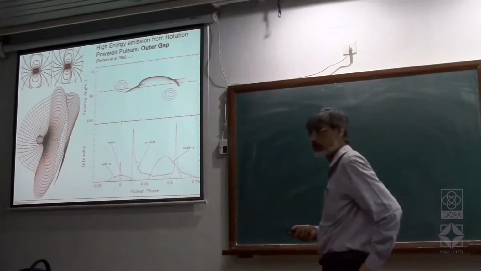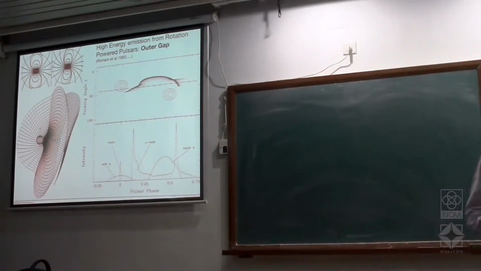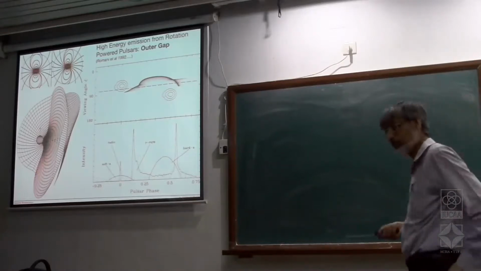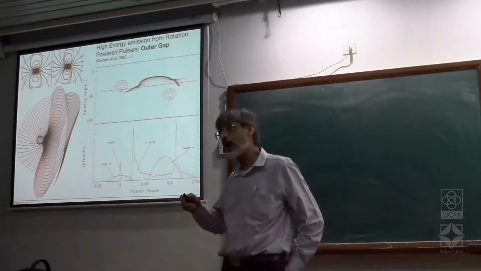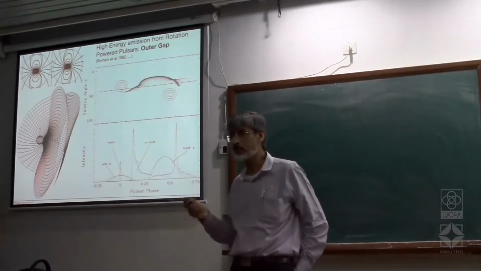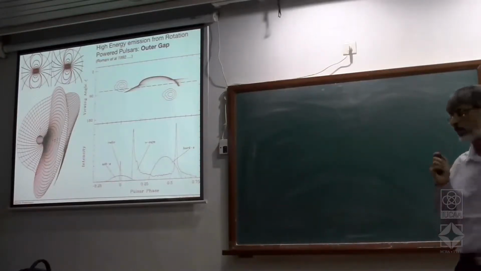And secondly is polarization. Polarization expectation may also be different. In the case of the global magnetospheric solutions, for the radiation that comes from outside the magnetosphere, outside the light cylinder, polarization predictions are quite robust.